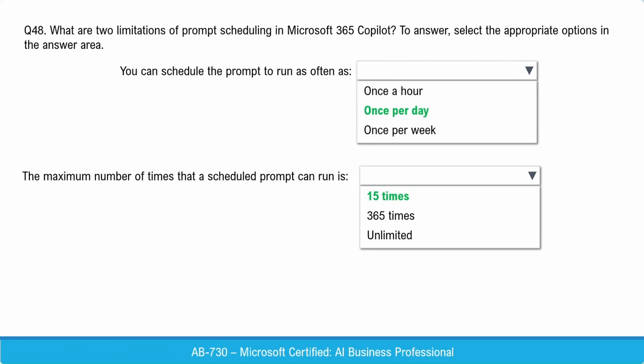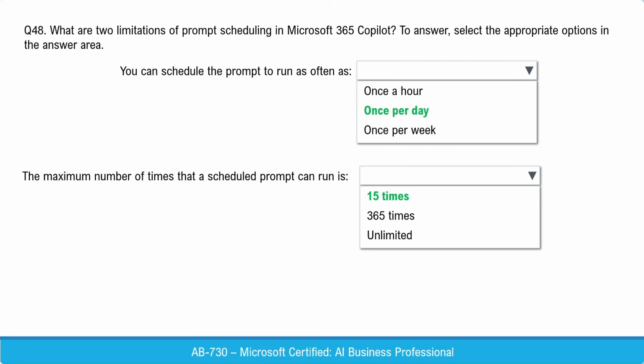One limitation is that scheduled prompts can run as frequently as once per day, which means you cannot configure them to run more frequently, such as hourly. Once per week is incorrect because although it is a valid schedule, it is not the maximum allowed frequency and therefore not a limitation. The maximum allowed frequency is once per day.